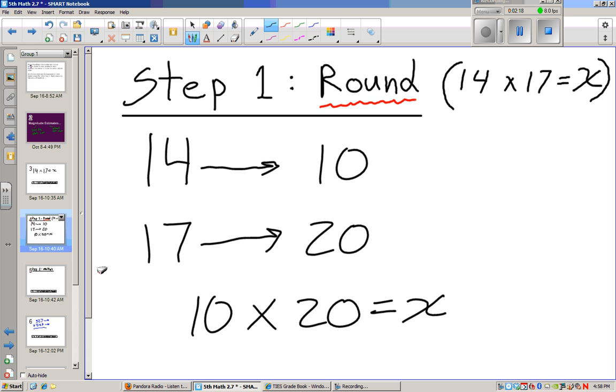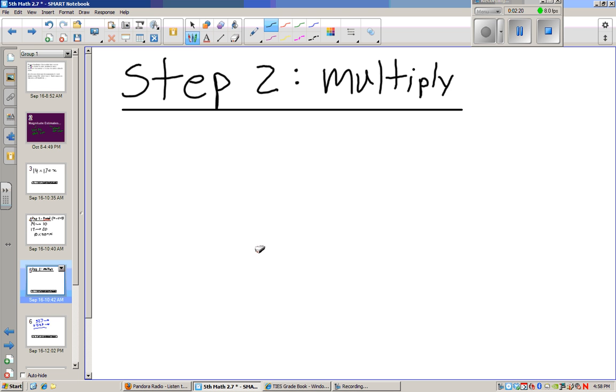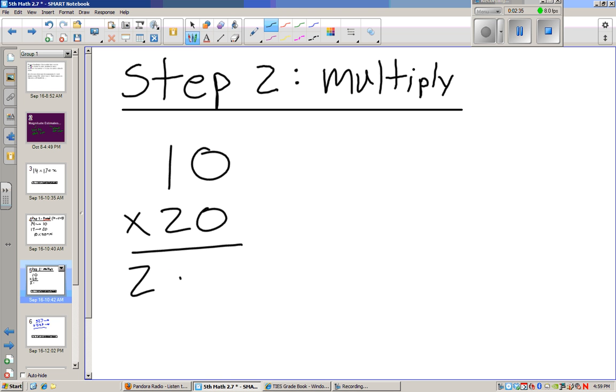That was step 1, rounding. Now step 2 is to multiply. I'm just going to multiply 10 times 20, and I can do this with mental math. I know that 1 times 2 is 2, and then I'm going to add these 2 zeros, so I just get 200.